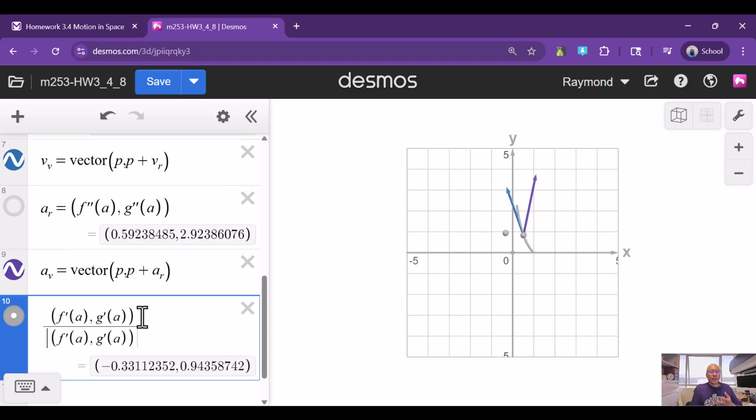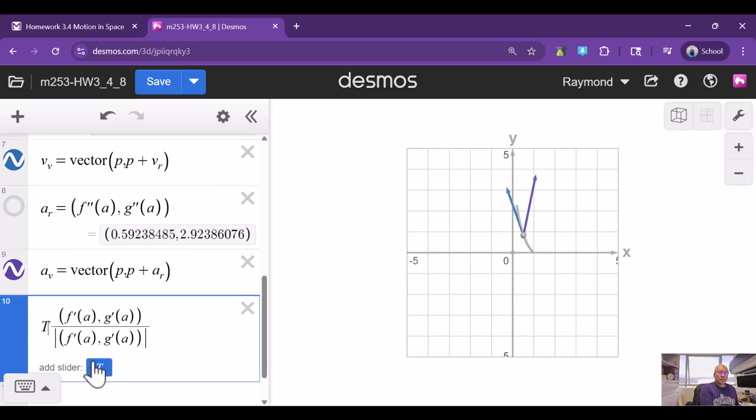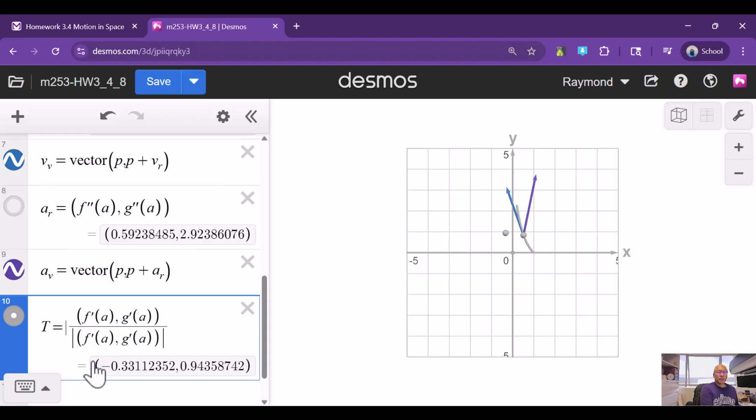Looks like we can. So the single bars, remember, are like absolute value, but if you're using it on vectors, it's like finding the magnitude. Now, again, this point is not going to be of any meaning, but this is the unit tangent vector, capital T. So we can call it capital T.